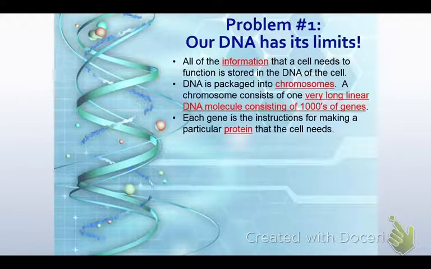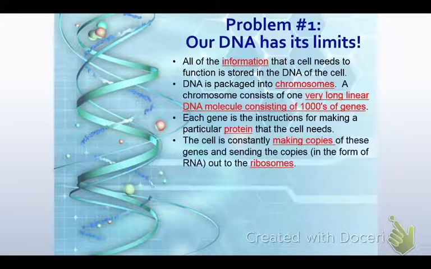Each gene is the instruction for making a particular protein that the cell needs. The genes are like beads on a bracelet. The whole chromosome would be a bracelet, and each gene would be a bead on that bracelet.